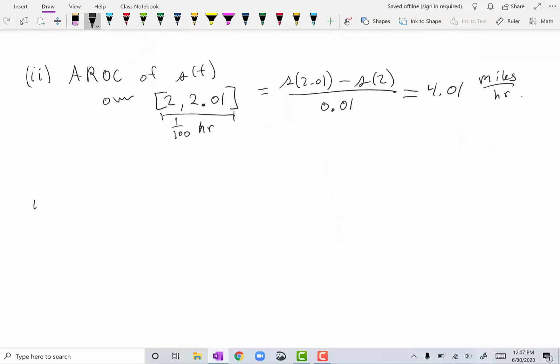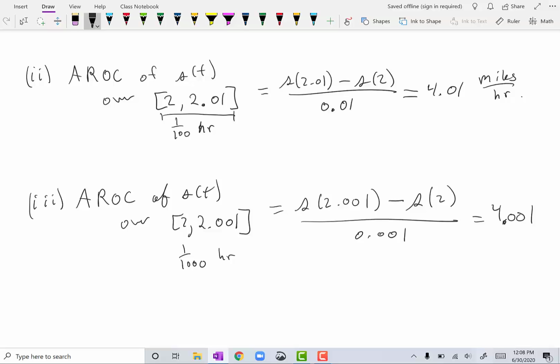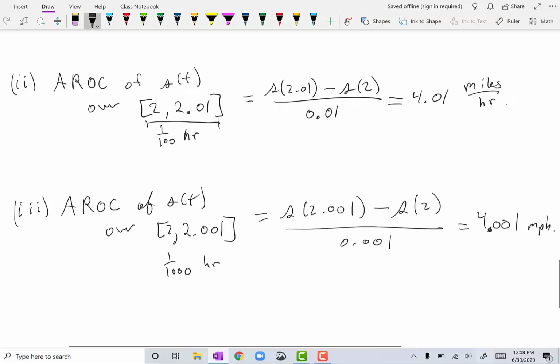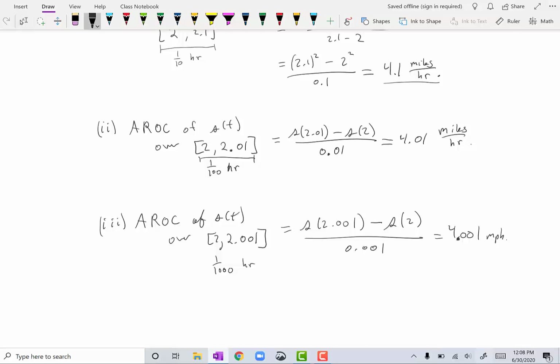And to make sure it's really headed towards 4, we can maybe do one more. We could repeat this, so I'll just do this quickly, where now our time elapsed is 1/1000th of an hour. And so what we see is that over shorter and shorter time intervals, the average speed is getting closer and closer to 4.